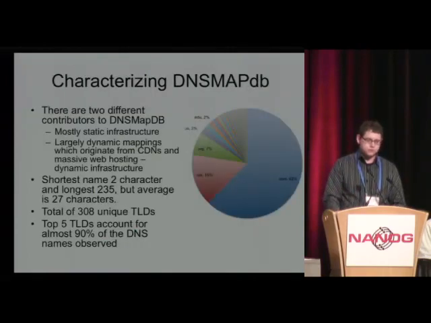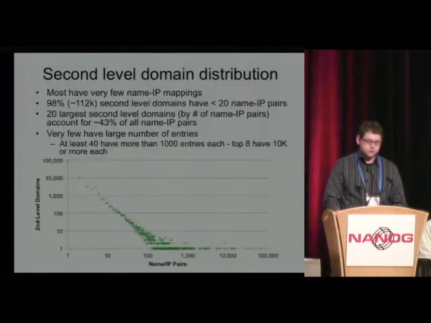So again, 2 major contributors: 5 TLDs account for 90% of the data, out of 308 TLDs. So there are very few domains that have a large number of name IP mappings.